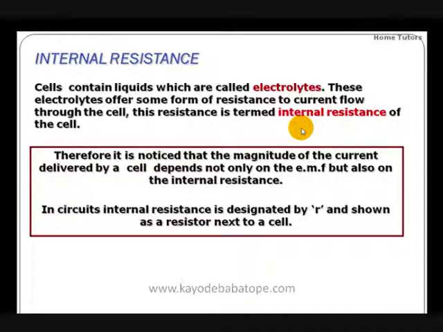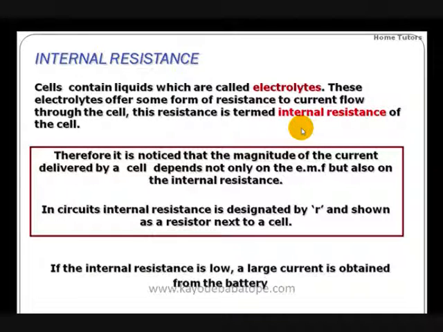Remember that resistance of the external load is designated by capital R, but the internal resistance of the cell caused by the resistance of the electrolytes in the cell is designated by small r and is usually shown as a resistor next to a cell. If the internal resistance is low, a large current is obtained from the battery, and vice versa. If the internal resistance is high, the current that will be obtained from the battery will be smaller.